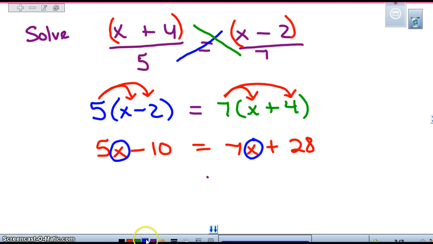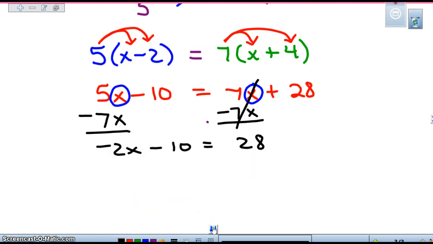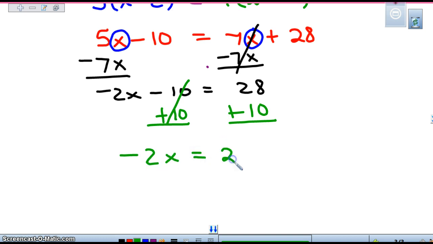We have to get the variable to one side: minus 7x, minus 7x, negative 2x minus 10 equals 28, plus 10, plus 10, negative 2x equals 38.